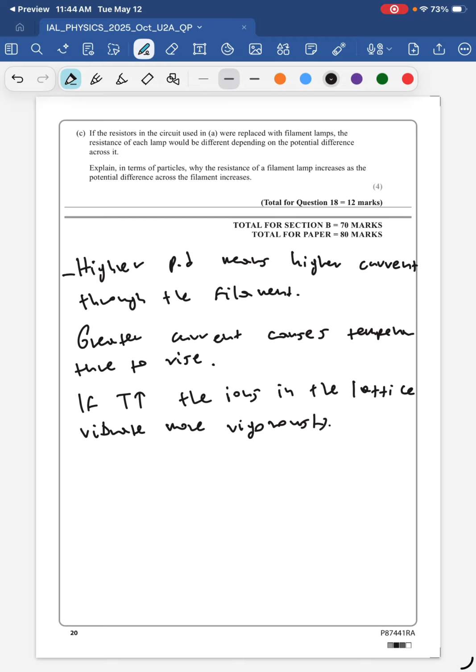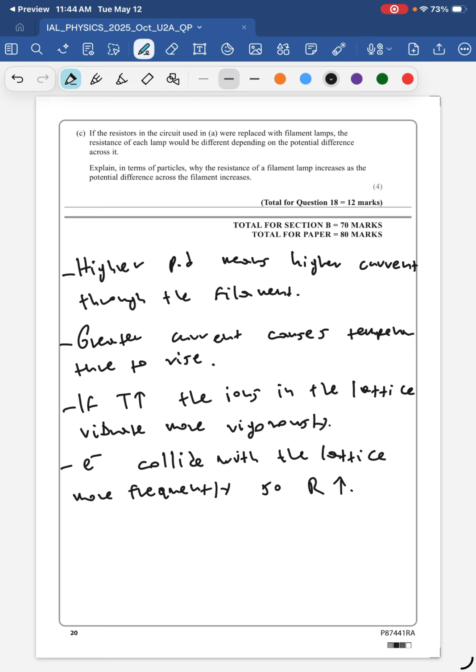So electrons collide with the lattice more frequently. So the resistance increases.